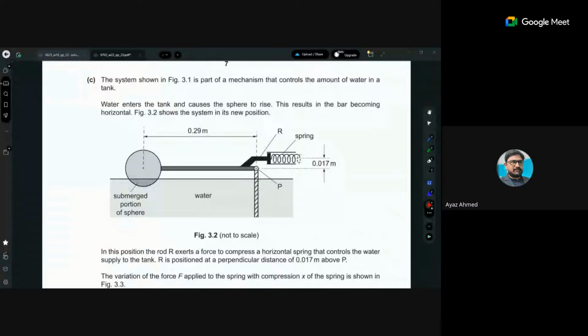The system shows figure 3.1 is a part of the mechanism that controls the amount of water in a tank. मैंने आपको कहा ना, ये float valve का बना रहा है tank.